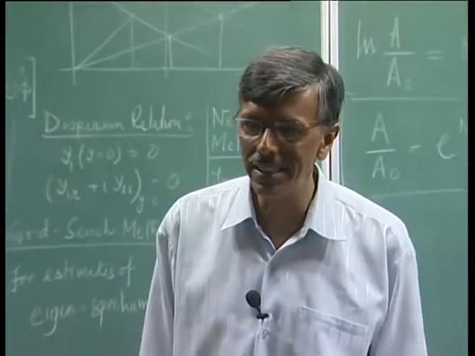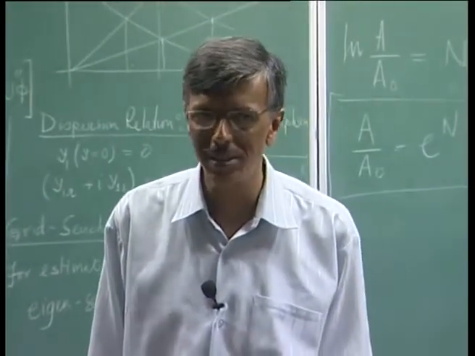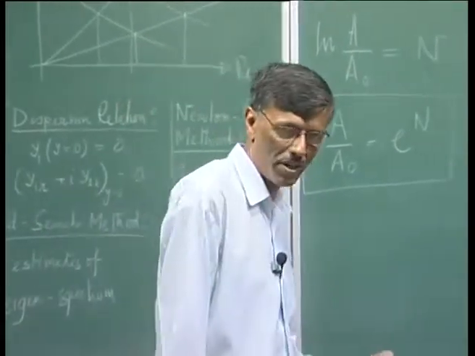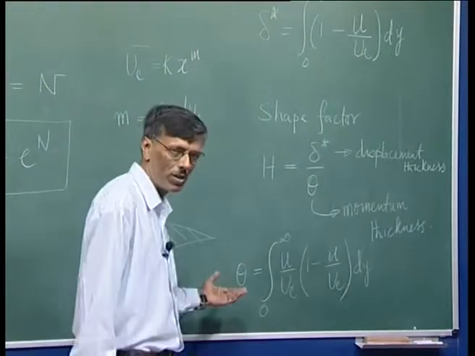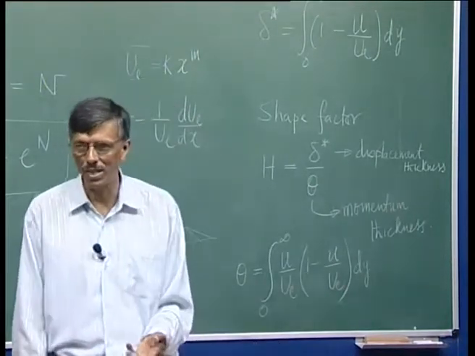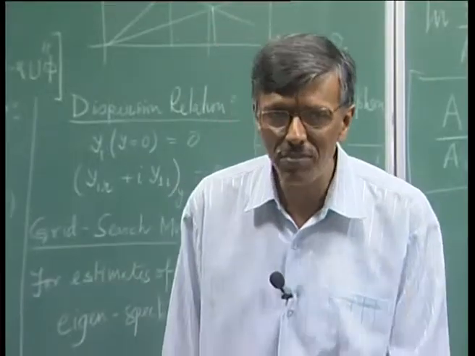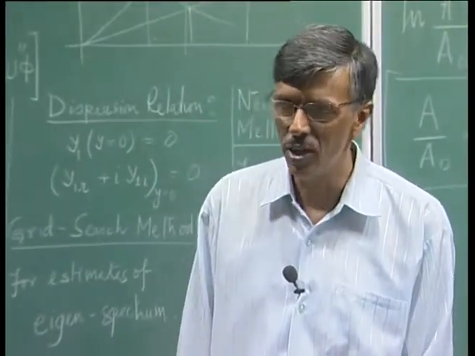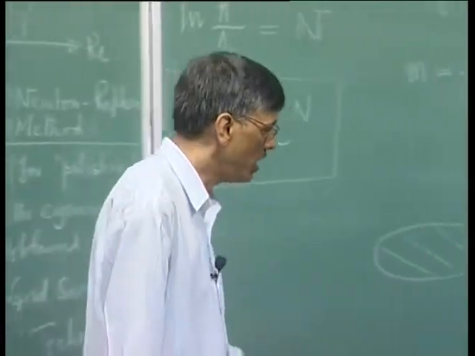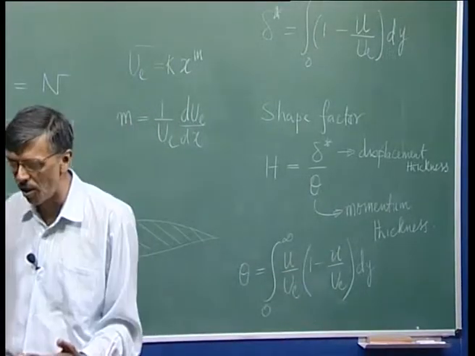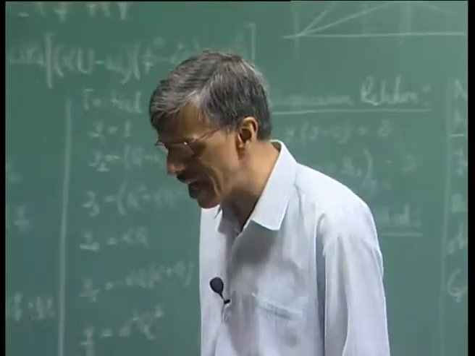So, basically theta tells us about the drag, and this component of drag comes about because of the no slip condition. So, this drag would be related to the skin friction drag. So, theta gives you an estimate of what kind of momentum we have lost due to the shear action.